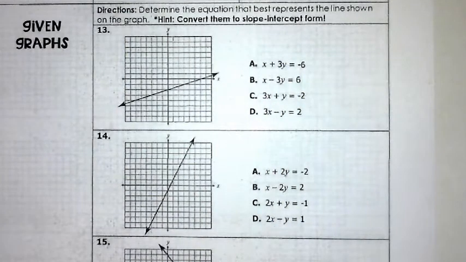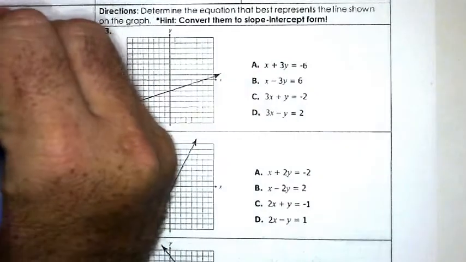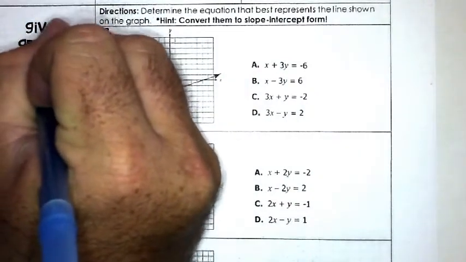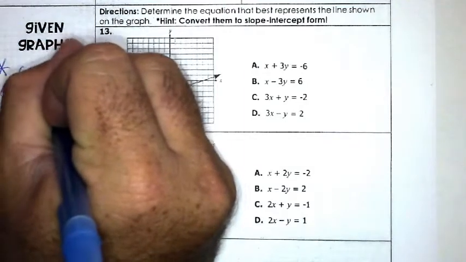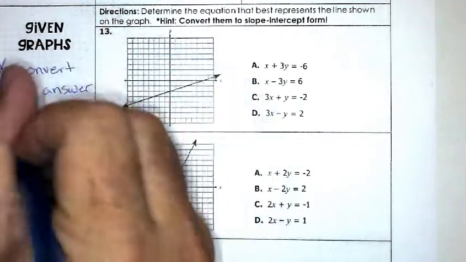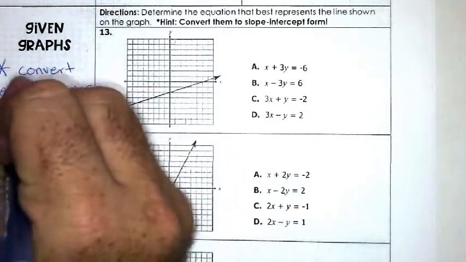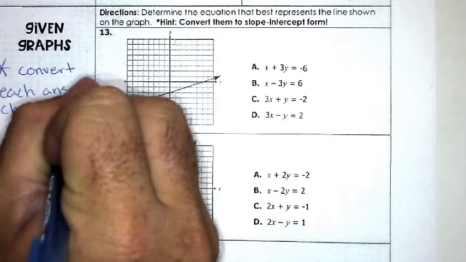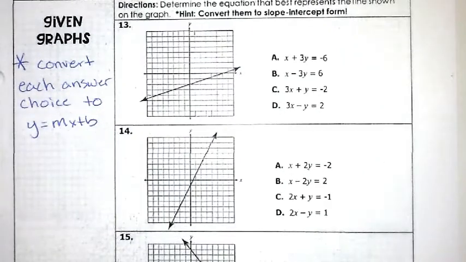There's only one true way to get the right answer, and that is to convert each answer choice to y equals mx plus b. It's just good old grunt work. Good old hard work. Okay?